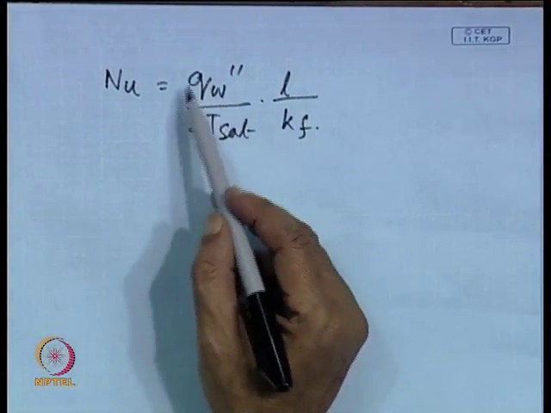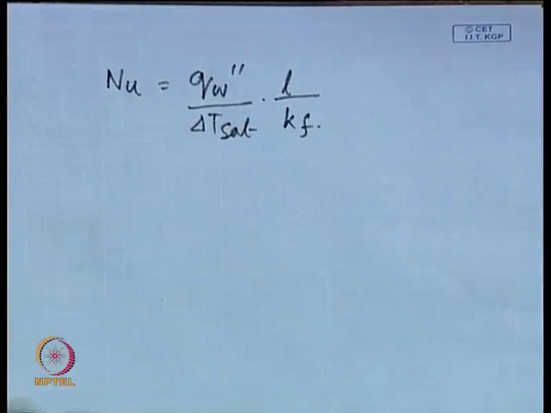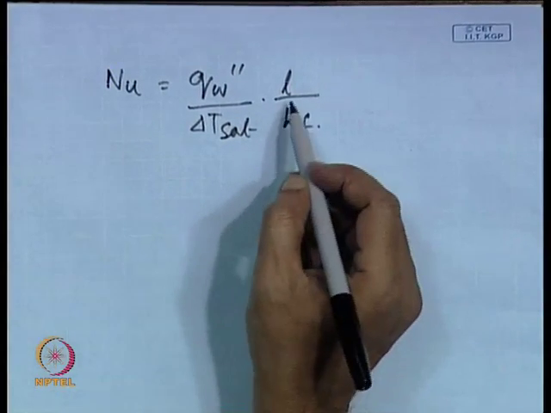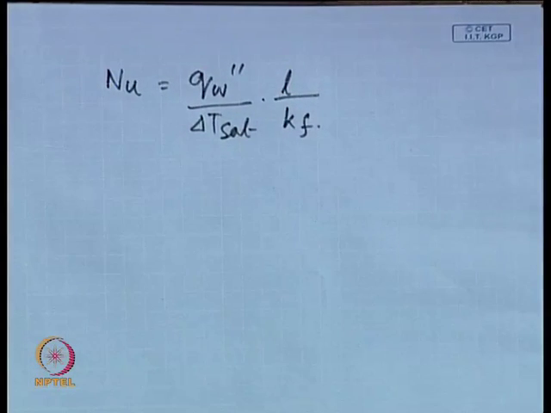So, basically it is the heat transfer coefficient, the first term, then there is a length scale divided by the conductivity of the fluid. Now, length scale actually has been done in a very typical manner by Forster and Zuber.